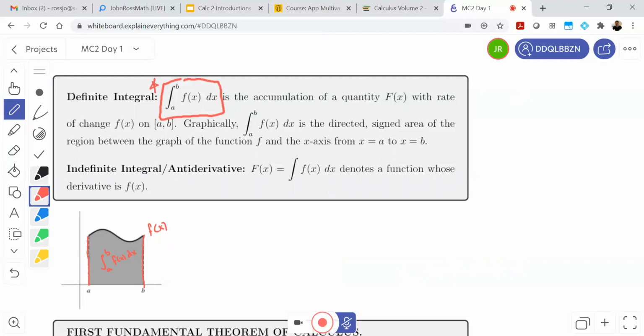It is just a tiny bit more complicated than that because we include these two additional words, directed and signed. So it's area, but it is directed and signed area on our graph.